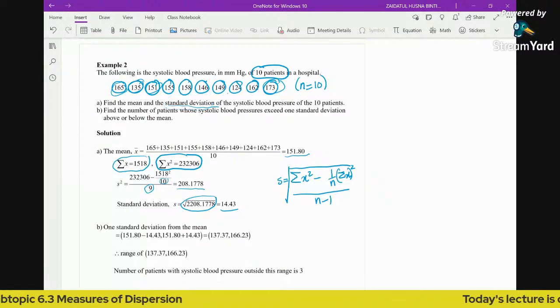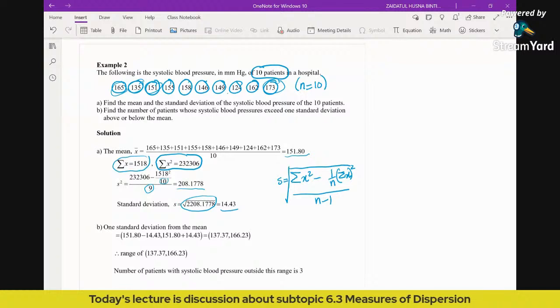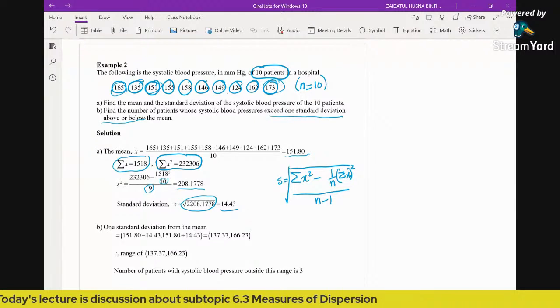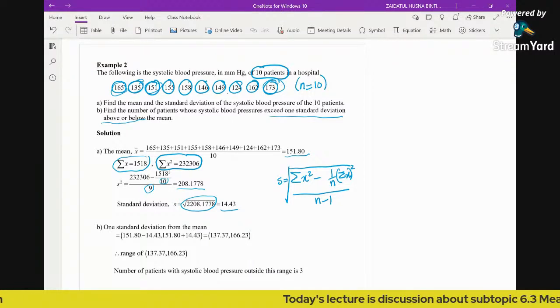Now the second part of the question says find the number of patients whose systolic blood pressures exceed 1 standard deviation above or below the mean. How do you do this? We need to find the range. So basically this is your mean, the mean of the blood pressure.